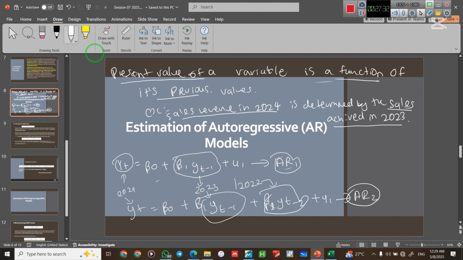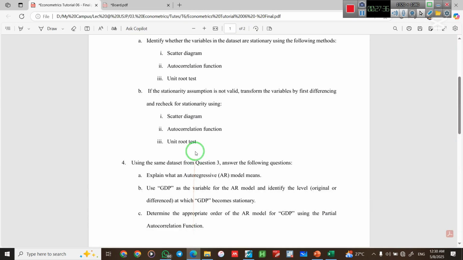So if I move to your tutorial, the first question is asking to explain what an autoregressive model is. We have discussed what is meant by an autoregressive model. In part B they ask to use GDP as the variable for the AR model and identify the level at which GDP becomes stationary.